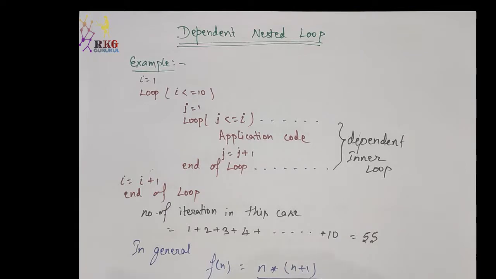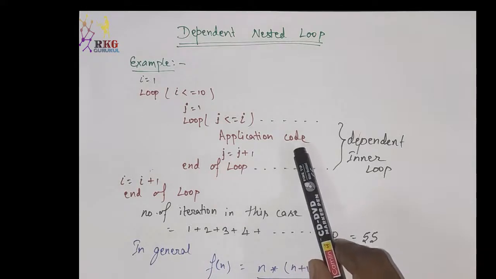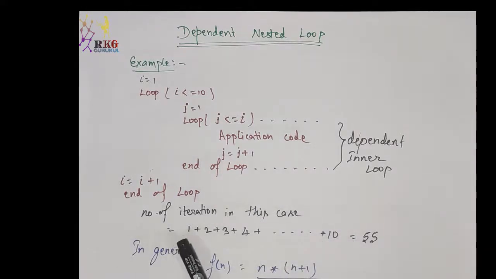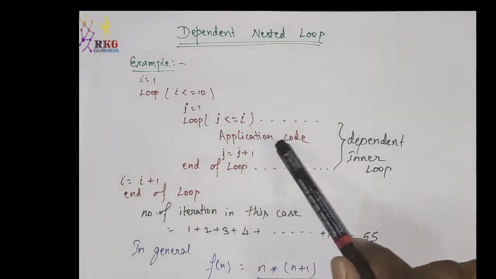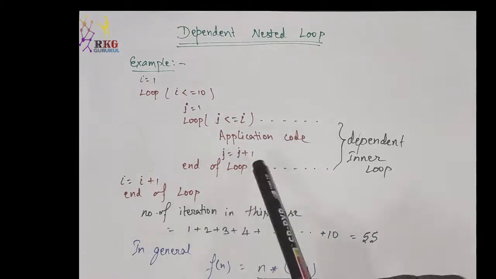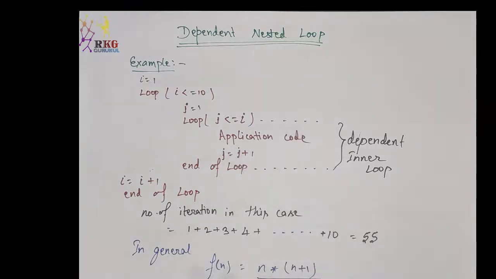The number of iterations of the body of the inner loop, this application code, will run 1 plus 2 plus 3 plus 4 up to 10 times. So that will give the result as 55. So in general, we say that the number of times this application code is going to run is f of n is equal to n into n plus 1 divided by 2.